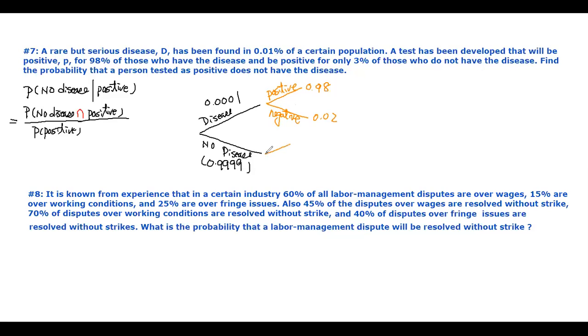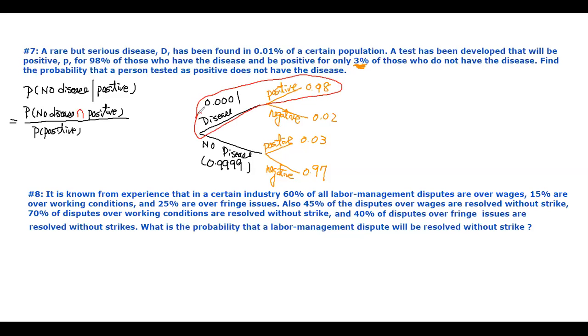Now the same way here. If it is no disease, then 3% of them will be positive, so this is positive, 0.03. Then it will show negative, and the percent here will be 0.97, right? So that's how we do that. Now I want to see the positive. If you take a look at positive, I really have two branches here.